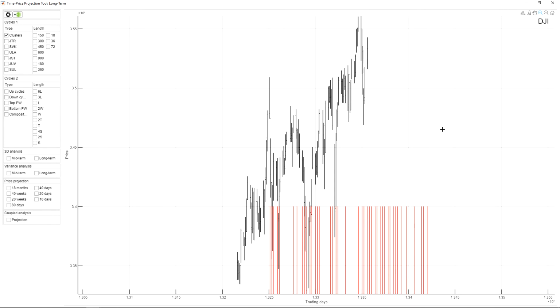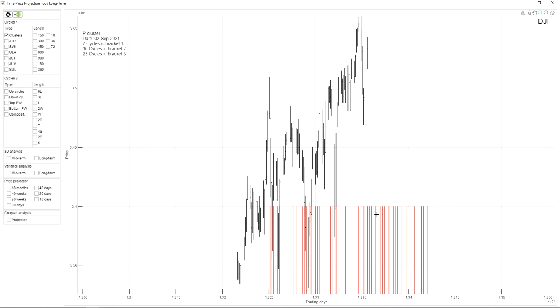So I think this is good enough for today. Basically what I wanted to introduce to you and show you is this clustering concept. Once again, every single line that you see here on the chart represents a cluster. For example, if you look at the left hand corner here, I'm going to click on one of the lines.